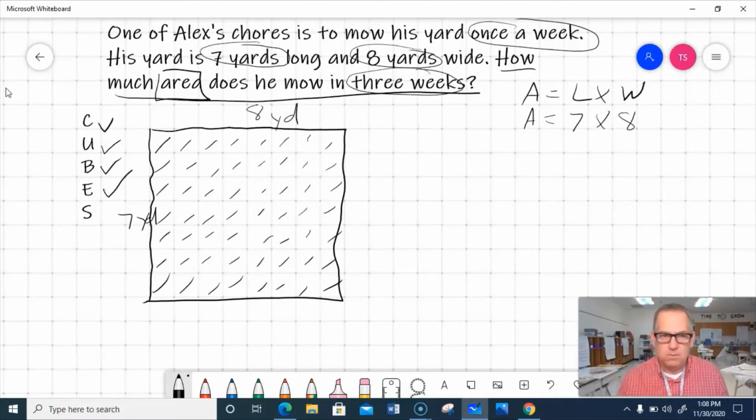And of course, I would go through and double check it again, but I counted out 56. I'm pretty sure if I counted again, it would be 56. So the area is going to equal 56 square yards.